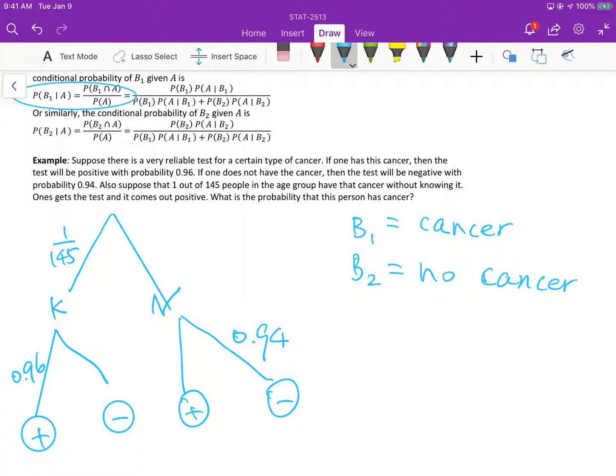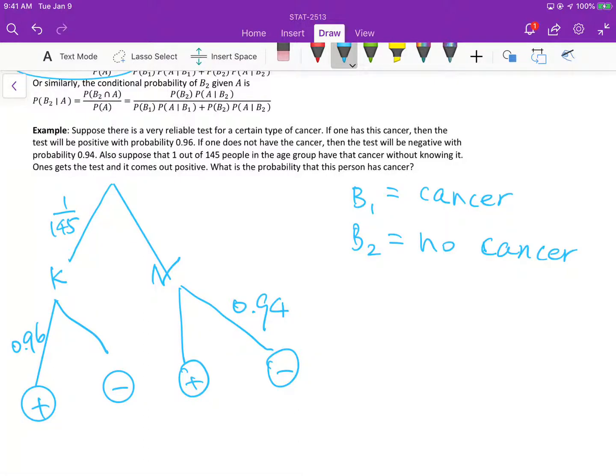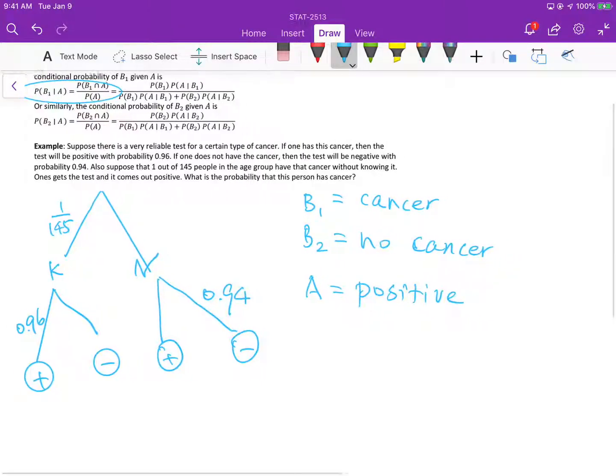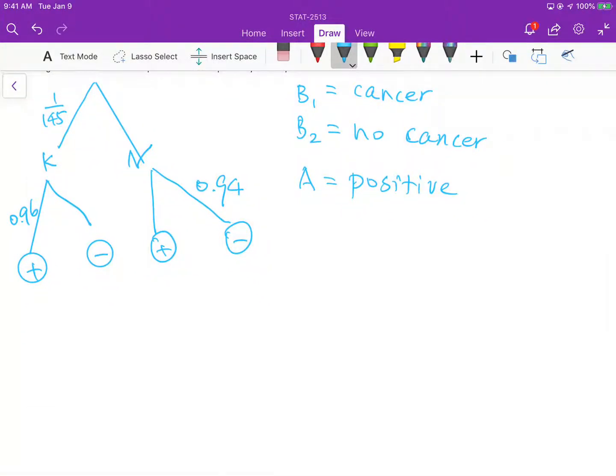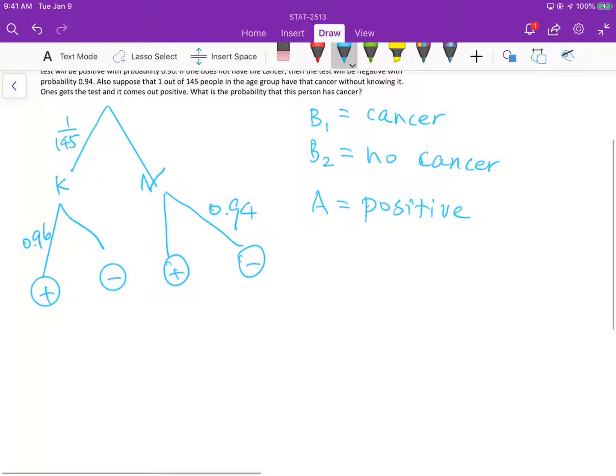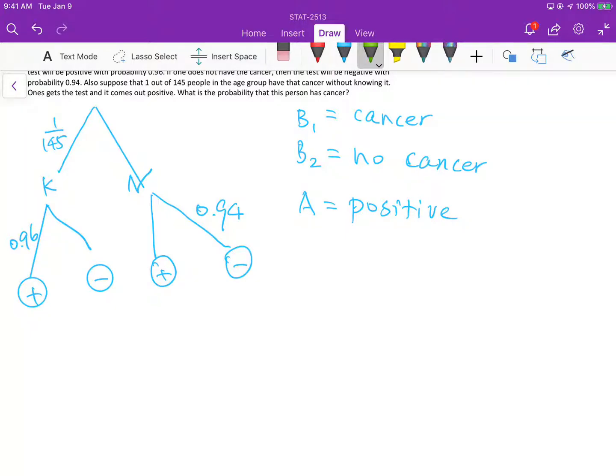A just means the test is positive. So before we proceed, there are some probabilities missing, right?